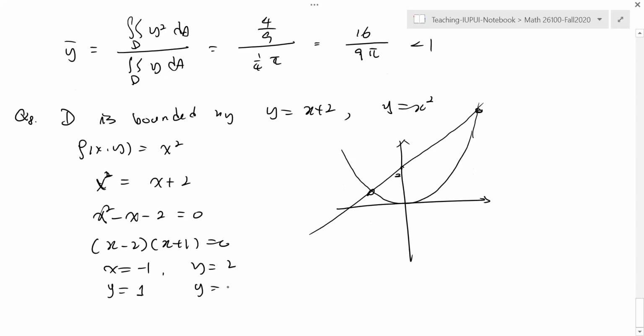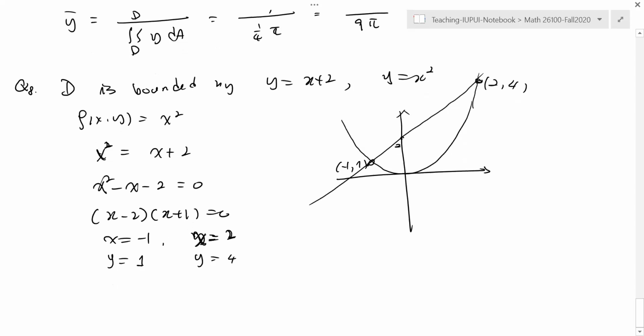And when x equals 2, y is 2 plus 2, which is 4. So you got those 2 points quickly. Why do we need that? Because we have to do the iterative integral. I needed to know the limits of the domain.